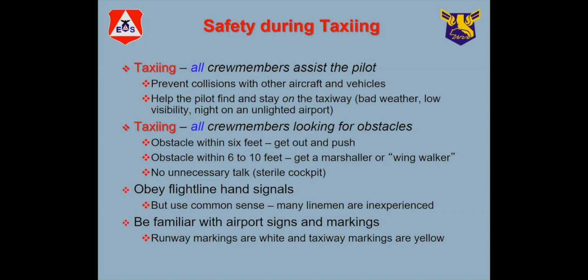But before the airplane moves, it's useful for a scanner or observer, in addition to the pilot, before you crank up, to have a briefing about what we're going to do for taxiing: where we are, where we're supposed to go, because air traffic control is going to give us taxi instructions. And we've got to figure out where we are, where we're supposed to be, and how we're going to get there.